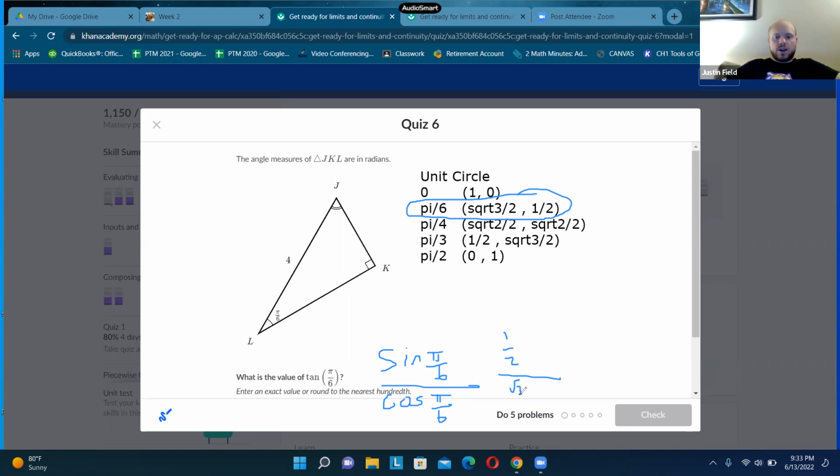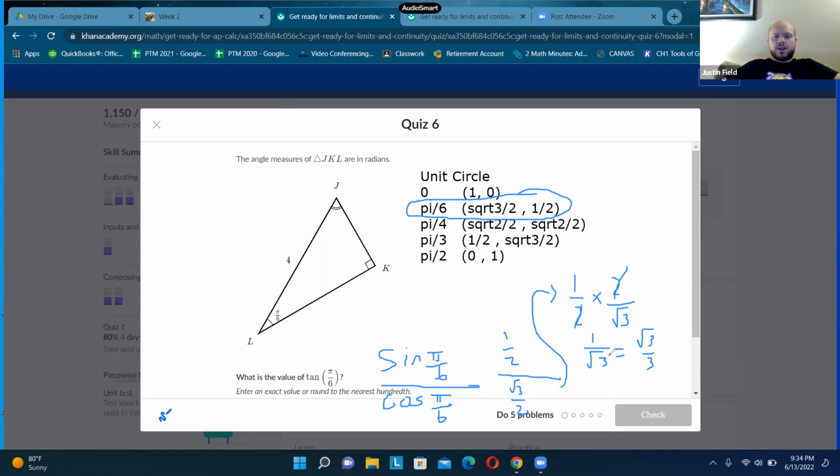Root 3 over 2. And like I said in the first video, the difficult part about calculus is not the calculus, it's the little arithmetic stuff. So we got to put these fractions, flip and multiply, and we get 1 over root 3, and we even got to rationalize. So that is equal to root 3 over 3.